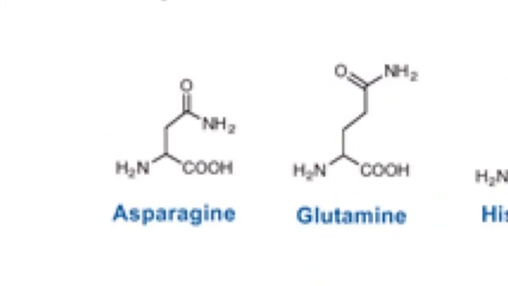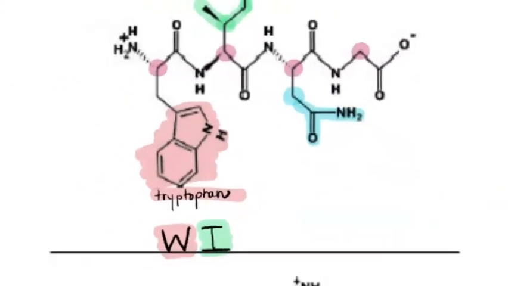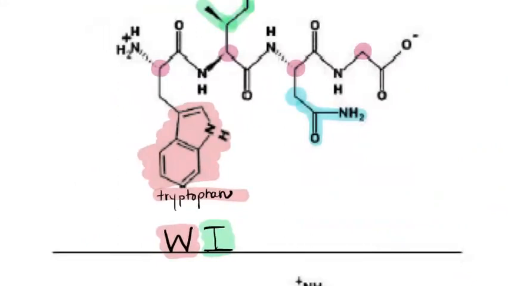It's a 50-50 on it. Great, that is asparagine. So this is asparagine. Asparagine has the one letter code N.